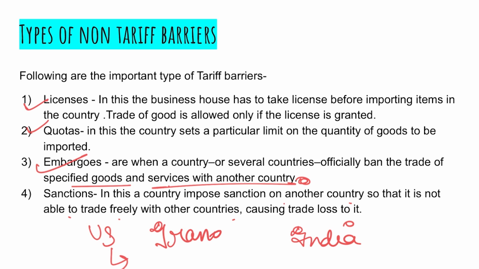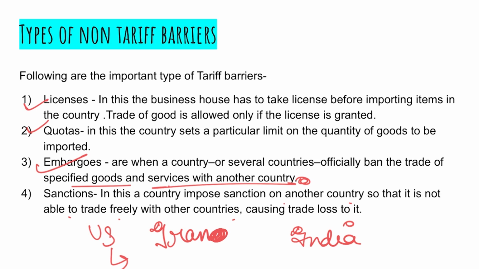So gradually, India reduced the amount of oil that it imported from Iran. The indirect impact is that it is causing loss to Iran, as it is not able to freely trade its oil as it used to before the US imposed sanctions on it.